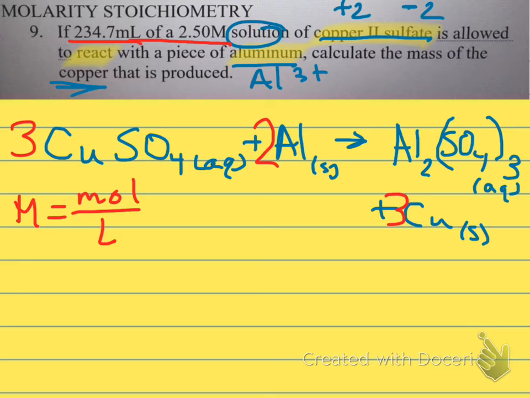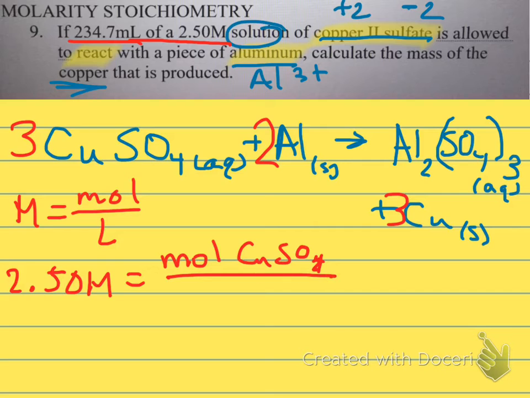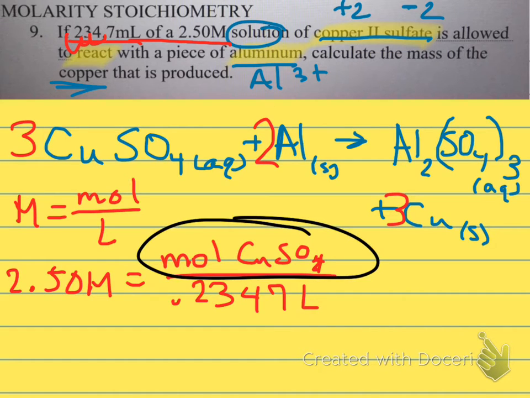And we are given 2.50 molar equals moles of copper(II) sulfate per liter, and we have 234.7 milliliters, so we divide that by 1,000 and we get 0.2347 liters. So right now our first step is going to be to solve for the moles of copper sulfate.